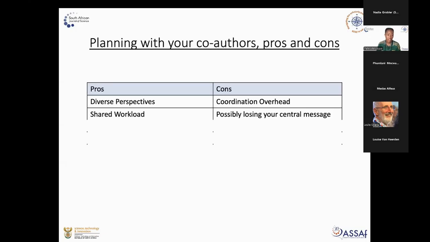The nice thing is you're going to have a shared workload in the planning process. You can even decide to say, this section I'm not familiar with, can I ask this person to write that section, or I can write it, can they review it? Things like that within the co-author list.